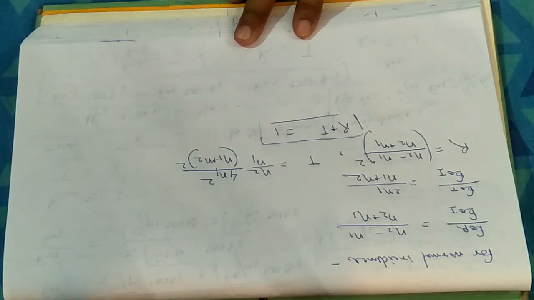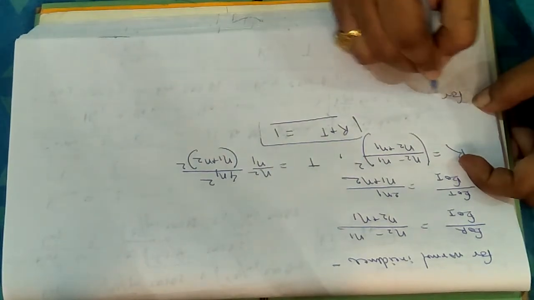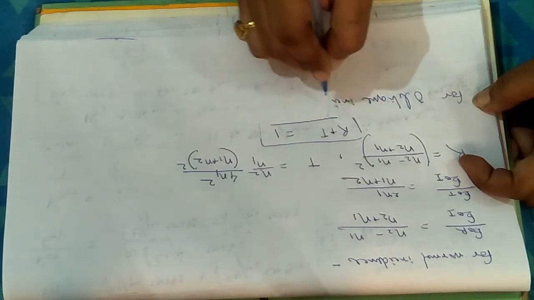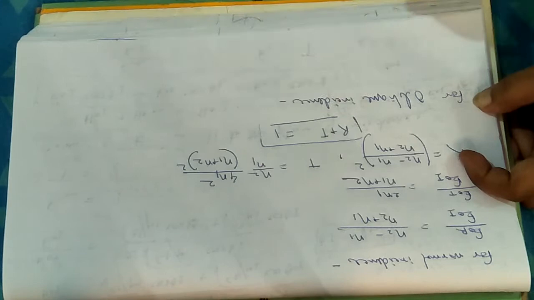The cos values will remain as before, and with oblique incidence, if you do not consider the normal incidence, the calculation will be a little lengthy, but it is doable. In that case, you will get the value of E0R by E0I. First I am showing the calculation of E0R by E0I for oblique incidence.